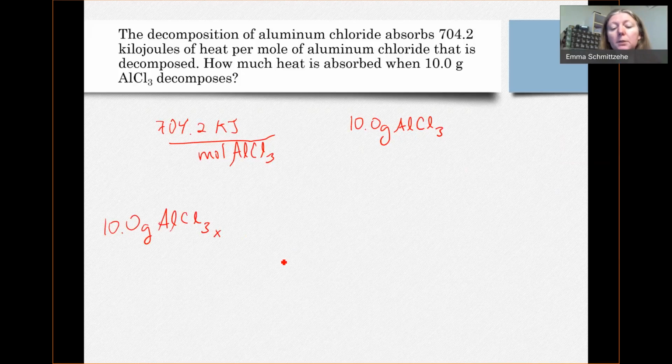So I'm going to put grams of aluminum chloride on bottom. I'm always setting things up as dimensional analysis, so I can watch my units and see them cancel.